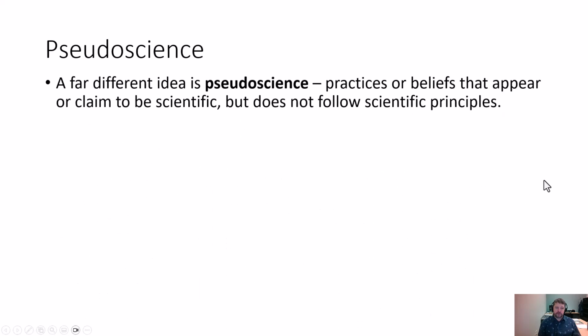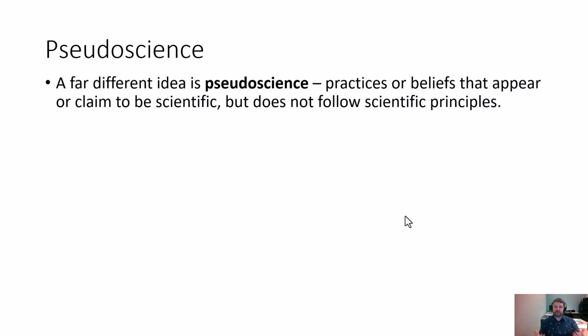Okay, so the first thing is it's a different kind of idea than a scientific study. Remember, we talked about before, in order for something to be considered science, you have to be able to test a hypothesis or design a test for a question.